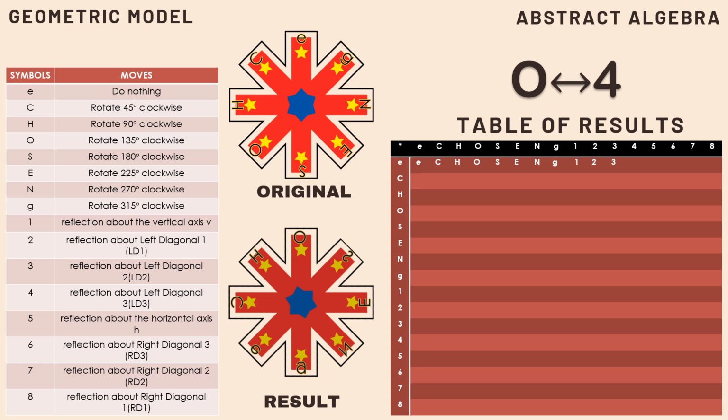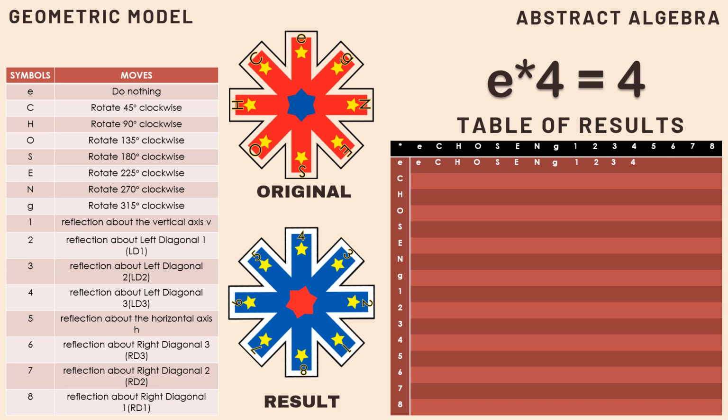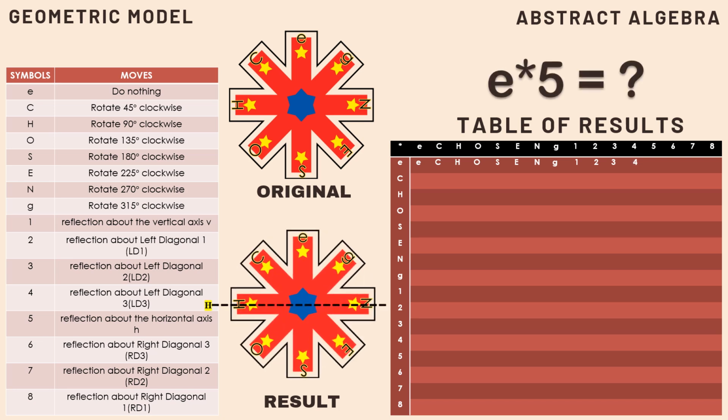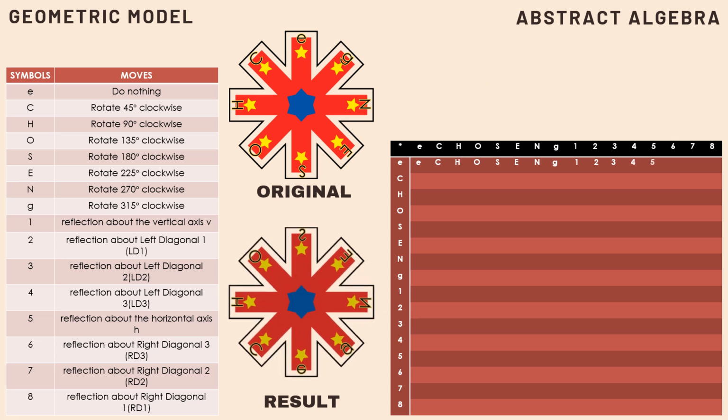Since O maps to 4, then E star 4 is equal to 4. E star 5, which is the horizontal axis. Since S maps to 5, then E star 5 is 5.